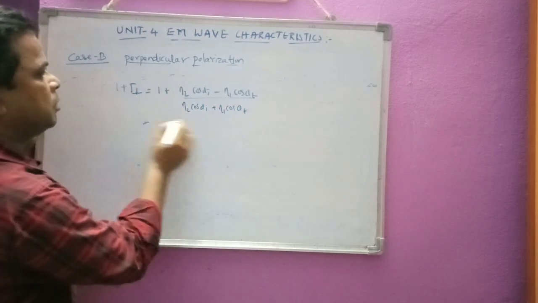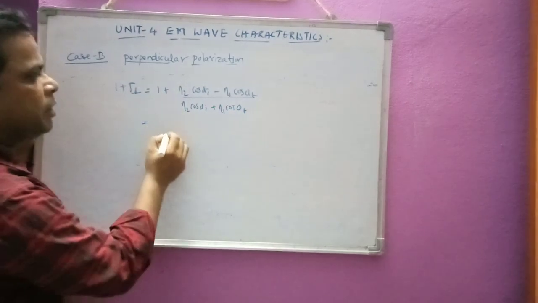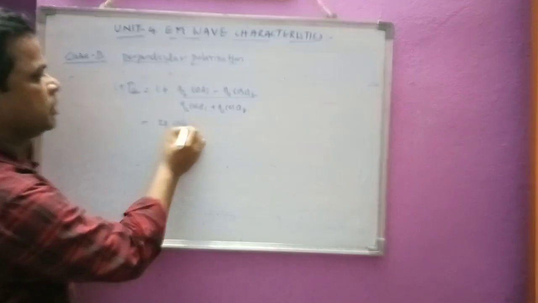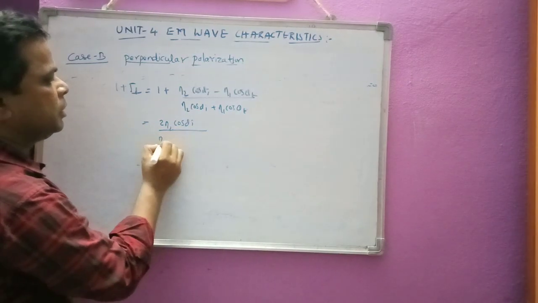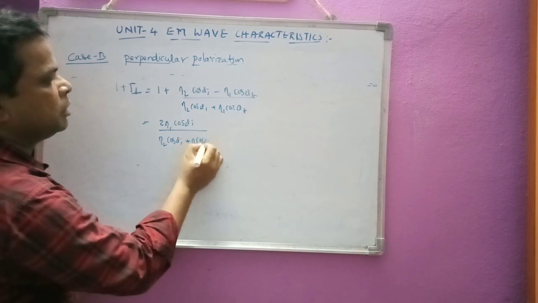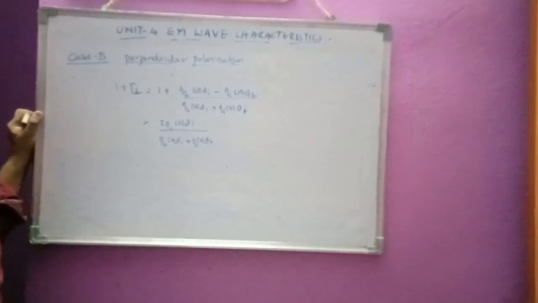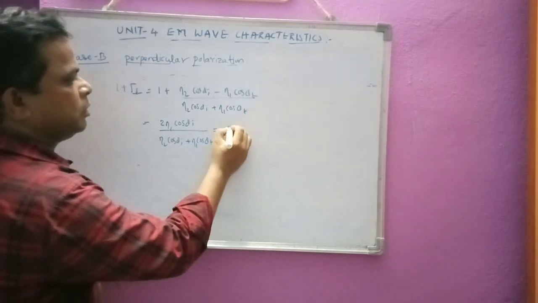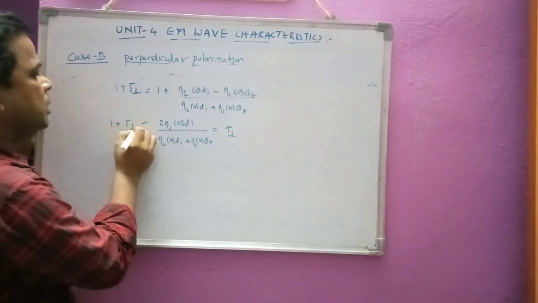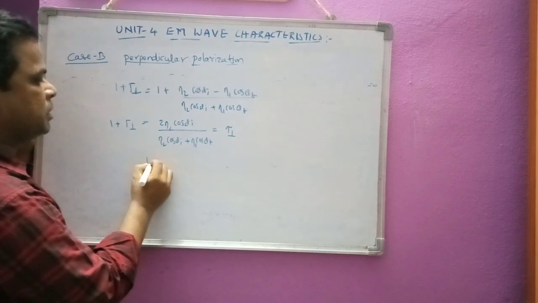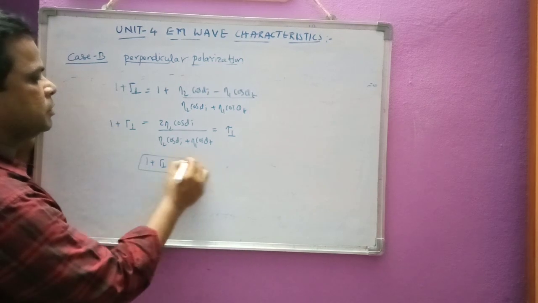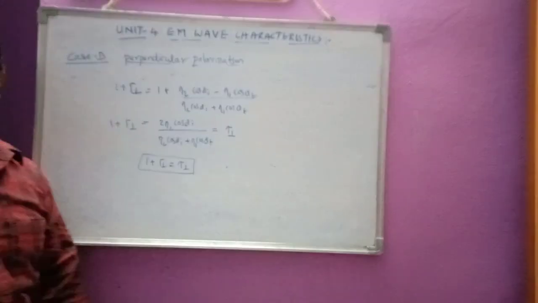If I take the LCM here, what I get is 2 into eta2 cos theta I by eta2 cos theta I plus eta1 cos theta t. That is equivalent to tau perpendicular here. So 1 plus gamma perpendicular is equal to tau perpendicular.